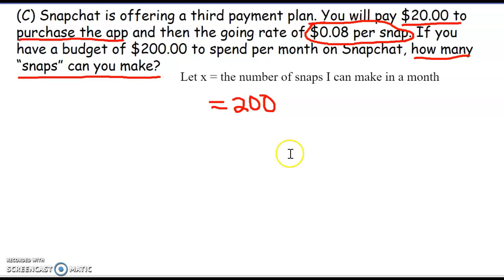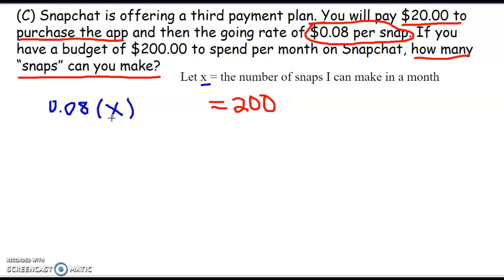Hopefully you're telling me it's 8 cents because up here you'll notice it says 8 cents per snap, which means it's a unit rate. So I'm going to put that 8 cents right over here. And it's per snap. Well, the number of snaps is represented by the letter X. So if it's per snap, it's going to be multiplied by that number of snaps that I will make, okay, to get the total cost for those snaps.